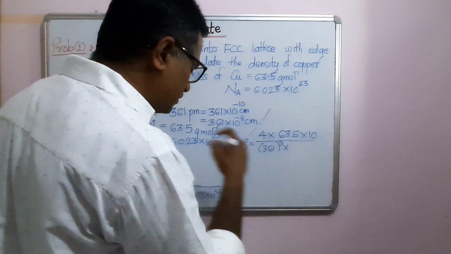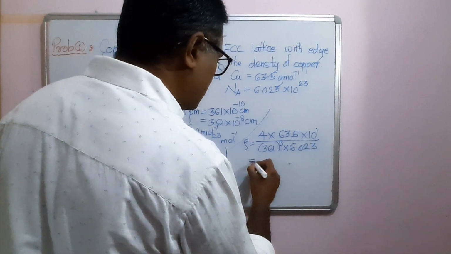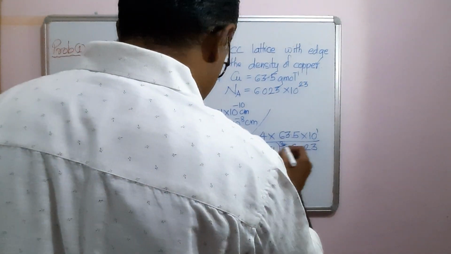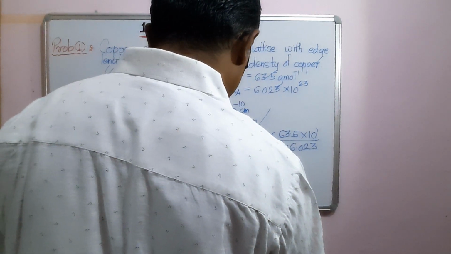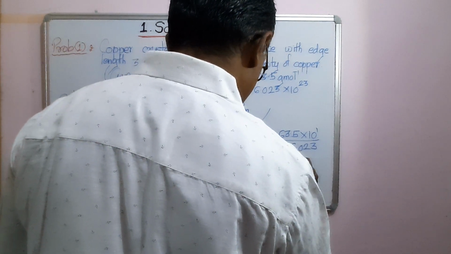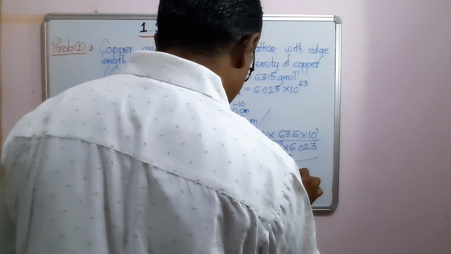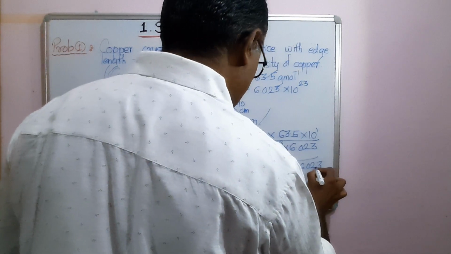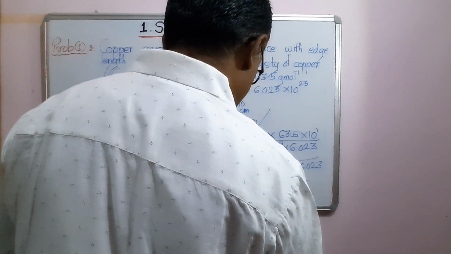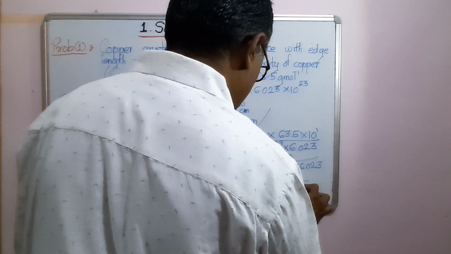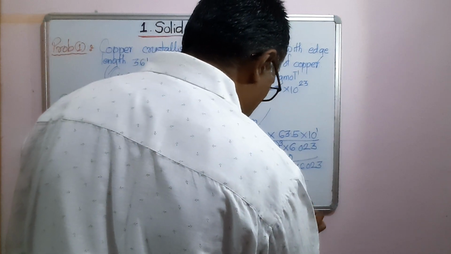That comes to the numerator, so it becomes 10 to the power 1, and then 6.023. This multiplication comes out to be 2540 upon this particular cube, 47.045, into 6.023, which is 2540 upon 283.35, and that comes out to be 8.96 gram per centimeter cube.